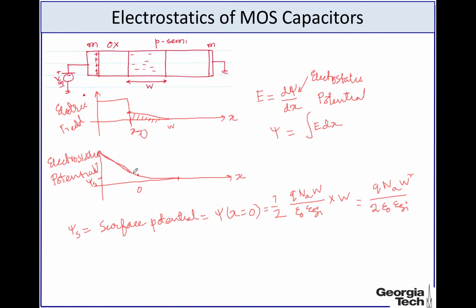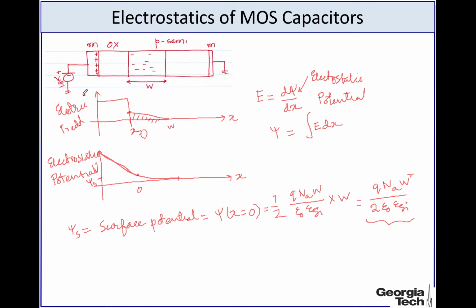So this will be a straight line in the oxide. Alright, so now we have calculated this much. The next step is to find an equation for Vg as a function of all the other parameters of the MOS capacitor.